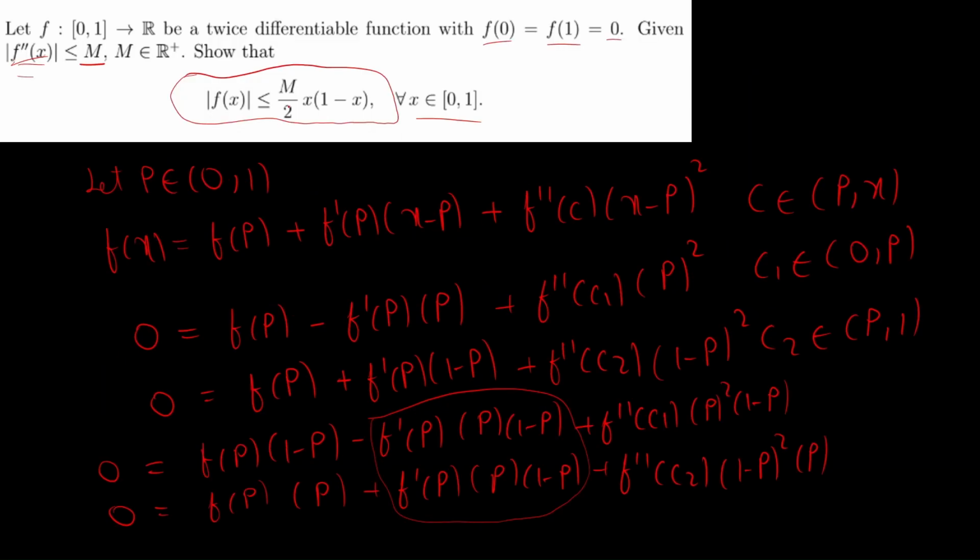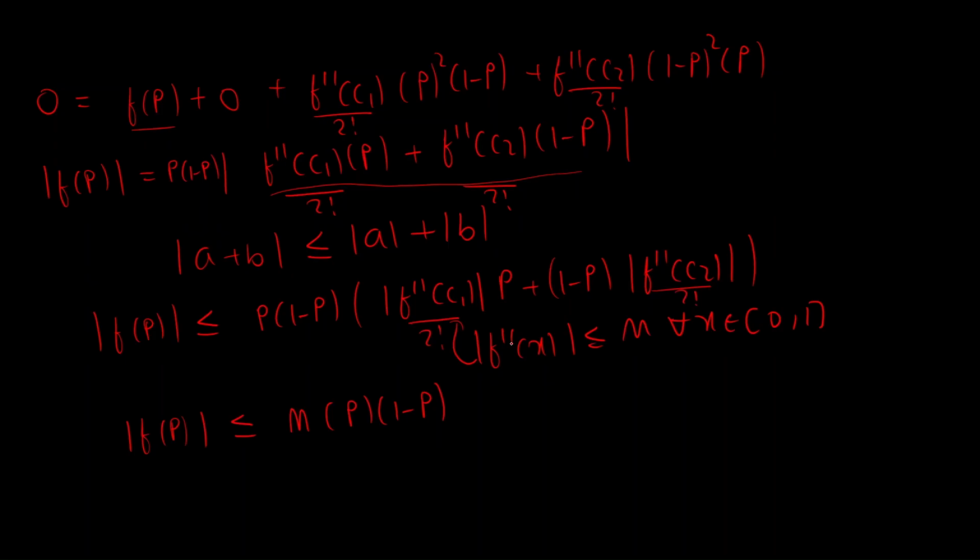But with our original result had by 2, there has been a small error. I have forgotten to divide this with a 2 factorial, and finally here also we'll have a 2 factorial, and then when we substitute this we'll have the 2 left here. Yeah, this was the result we were to prove.